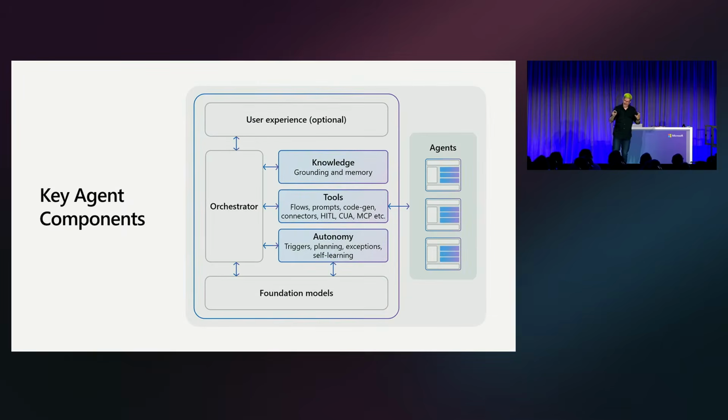But at the heart of every agent, irrespective of how you build it, at the heart of the agent is the orchestrator. So the orchestrator is built using foundational models. So these are the models, the LLMs, GPT-5. You've seen Foundry has got, I think, 1,900 plus models.